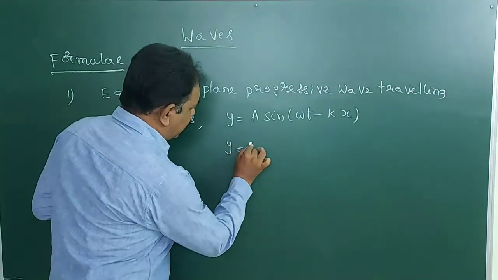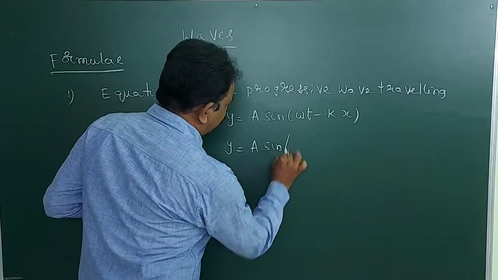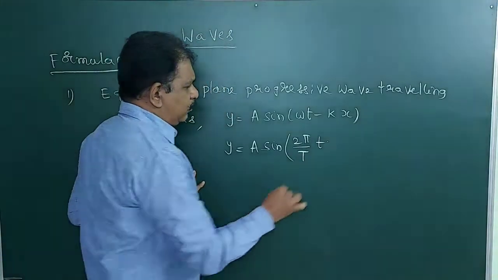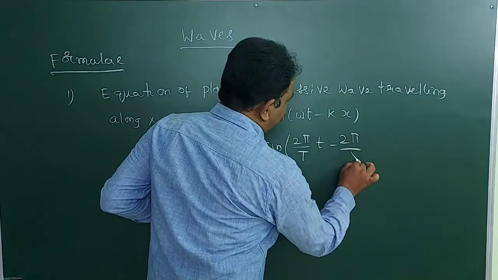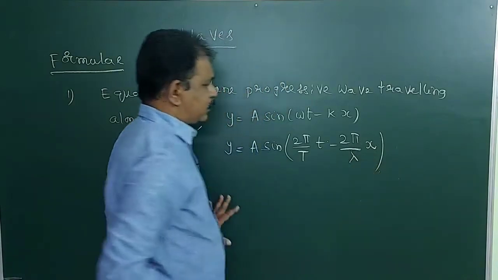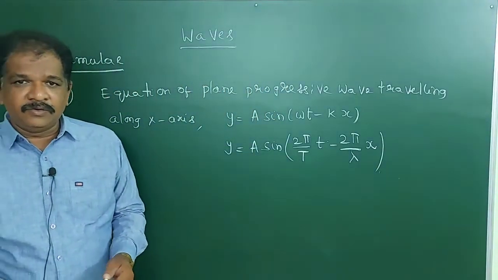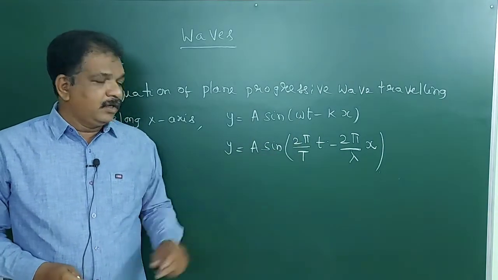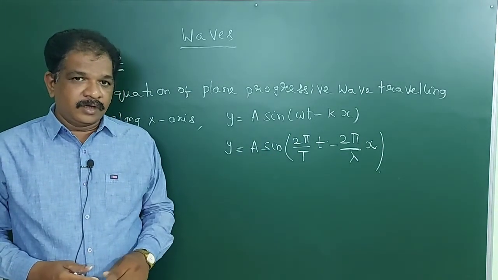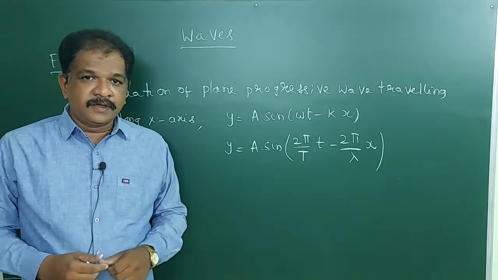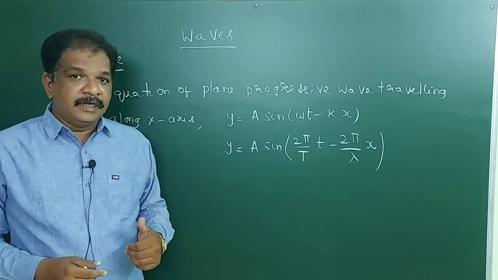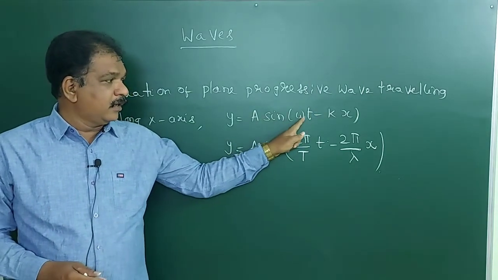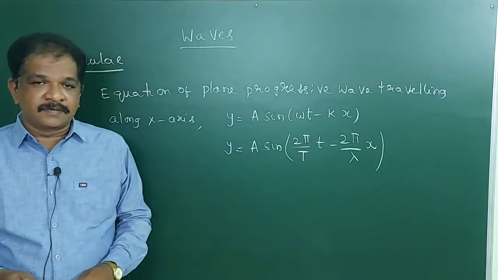We can write this as y = A sin((2π/T)t − (2π/λ)x). Propagation constant value will be 2π/λ. Omega value will be 2π/T. If the wave is moving along the negative x-axis, here plus will come: A sin(ωt + kx).